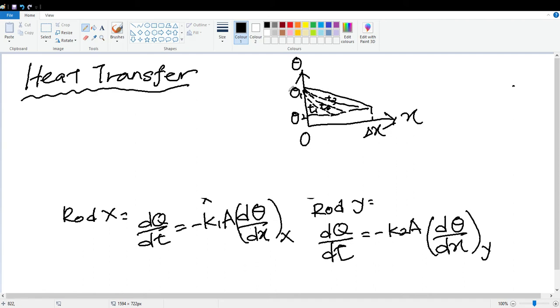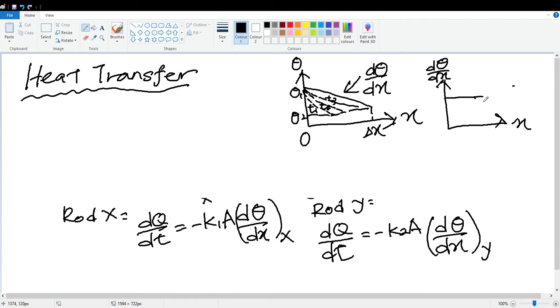The steady state will give us a straight line, and a straight line consists of a constant temperature gradient. So when the steady state is achieved, my temperature gradient at every point is equal.